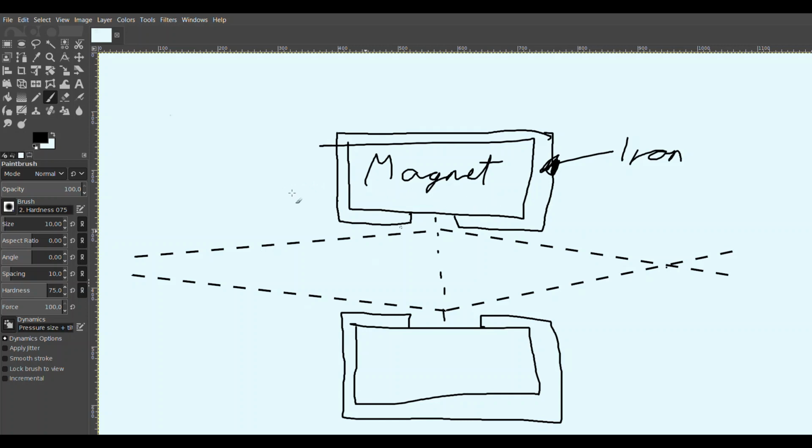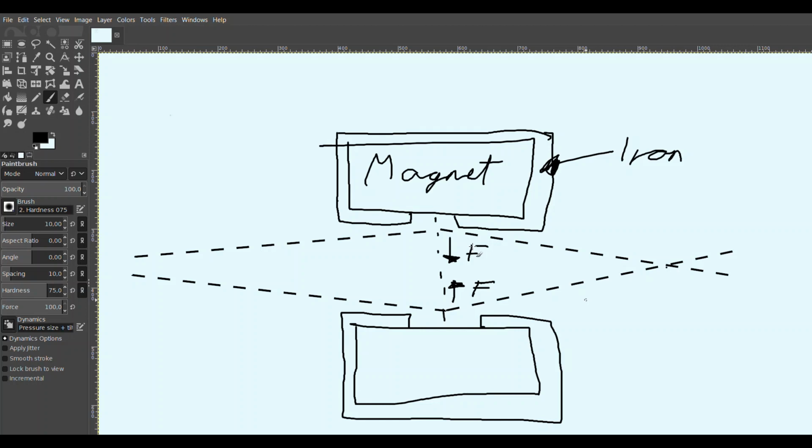They have a force to move them towards the center here. Magnetic force is one of the four fundamental forces.